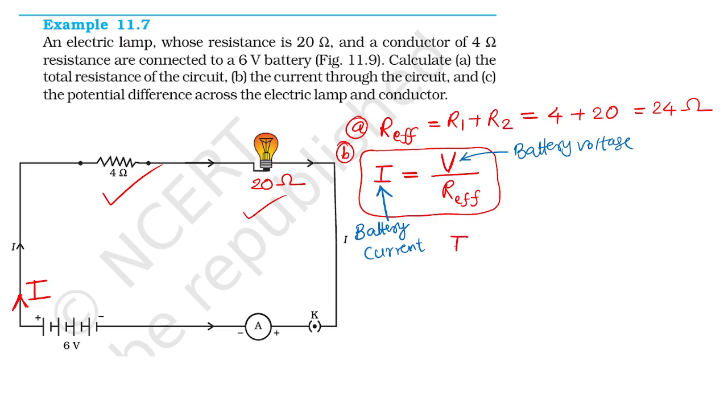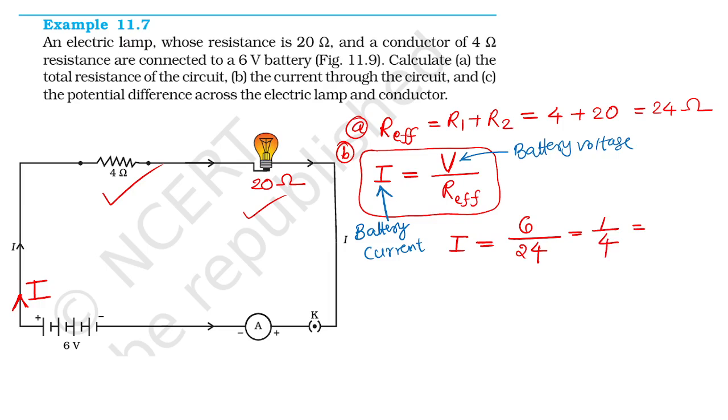So the battery current I equals battery voltage, which is 6 volt, divided by the effective resistance, 24 ohm. It is a solved example given in the textbook. 6 by 24 reducing, that's a very simple step, right? 6 is cancelled.